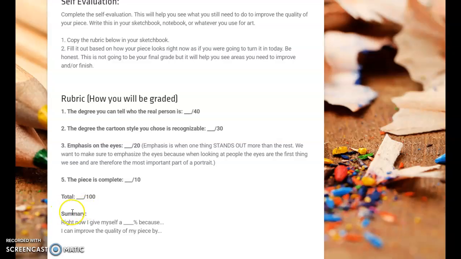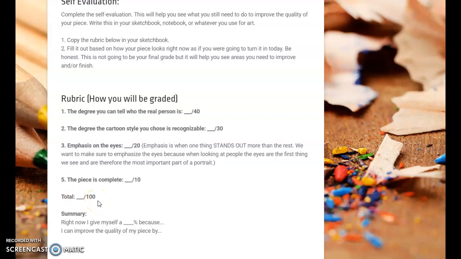And then we're going to give ourselves a summary here, okay? And what I like to do, and this would be something great you could do in class together, and again, we know this isn't your final grade, but raise your hand if your piece is in the 60 range. All right. Raise your hand if your grade right now is in the 70 range.